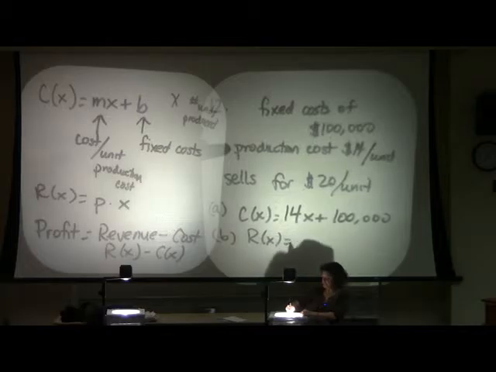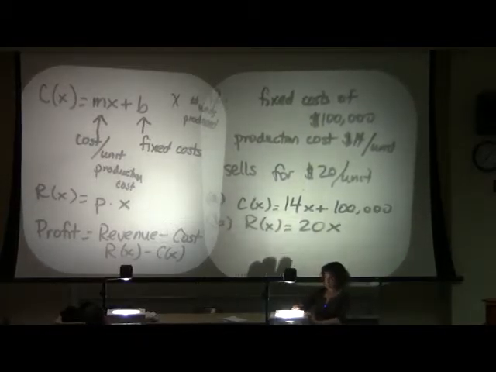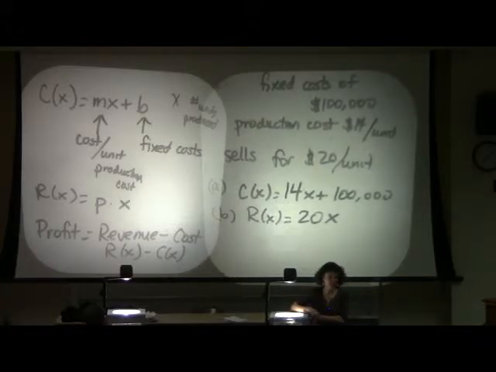What's my revenue function? How much do we charge per unit? $20, so isn't it $20 per unit times the number of units? You guys with me? It's kind of a nice little pre-spring break type section, isn't it?